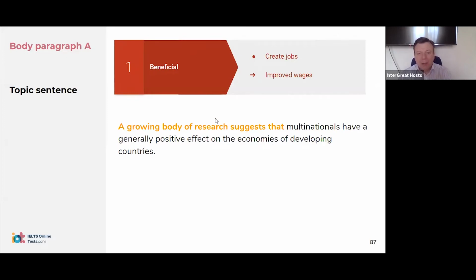Now, a lot of people write a recent research or a recent study has shown, but you have to refer to the source. But if you write a sentence like this, we're saying a growing body of research suggests, it's coming from many different areas. So we don't have to refer to one single source.